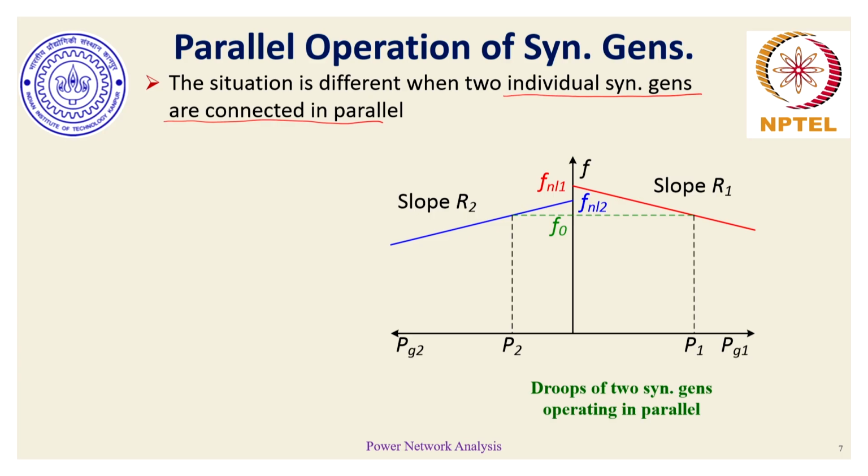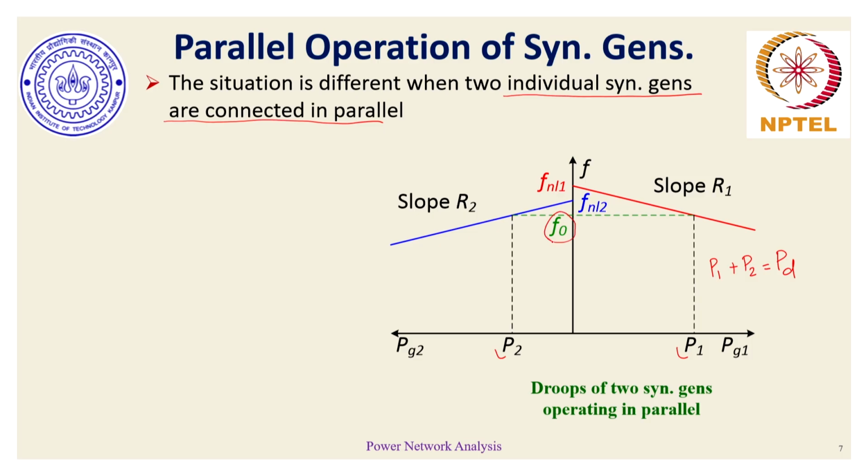So let's say the load is equal to PD, then the power output of generator 1, plus the power output of generator 2, should satisfy this common load PD. And using this, can we find the value of F naught?